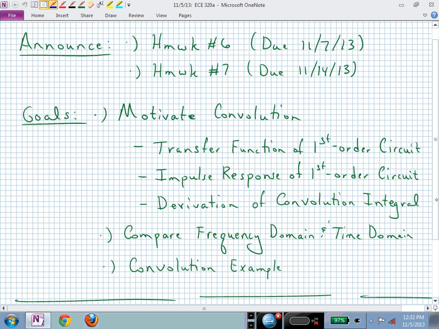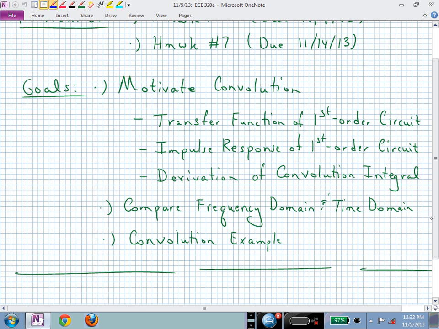Today what I want to do is get into convolution. We'll do that by examining stuff we already know, which is finding the transfer function of a first order circuit. We can inverse Laplace transform that transfer function and obtain the impulse response, and that will then be useful if we need to find the output of a system due to a generic input signal x of t in the time domain.